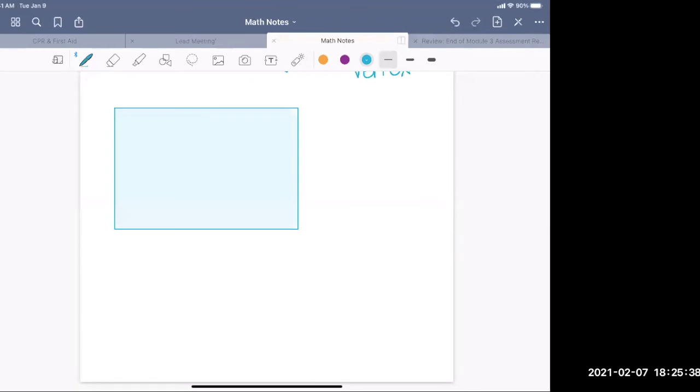Okay, do you see any lines or line segments? Do you see any angles?